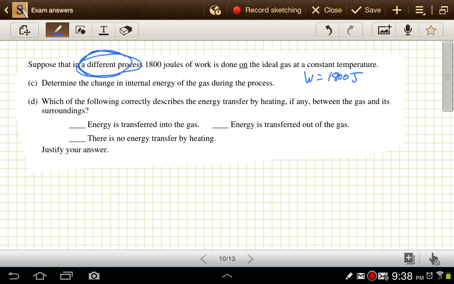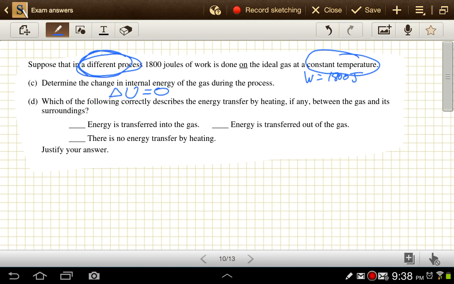Hey, remember how we talked about temperature being linked to internal energy? Well, if temperature doesn't change, internal energy doesn't change either. So delta U is 0. There's no change in internal energy for constant temperature.